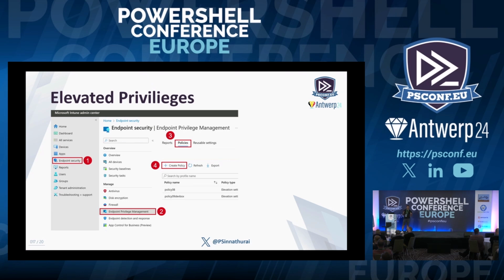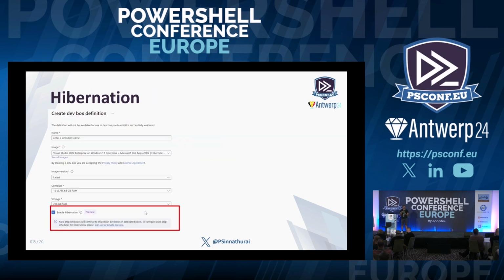Developers always need local admin privileges, I see that a lot of times, and that's a nightmare for us Intune administrators. So you can use endpoint privilege management: you work as a standard user, and once you need specific permissions, you can just get them.